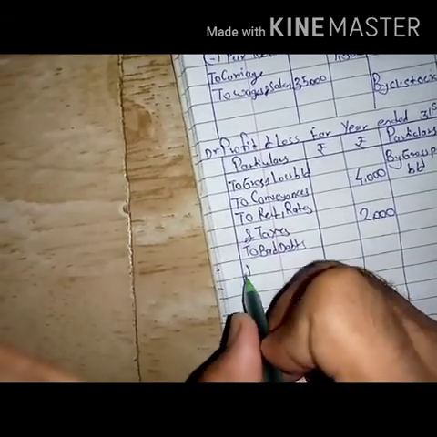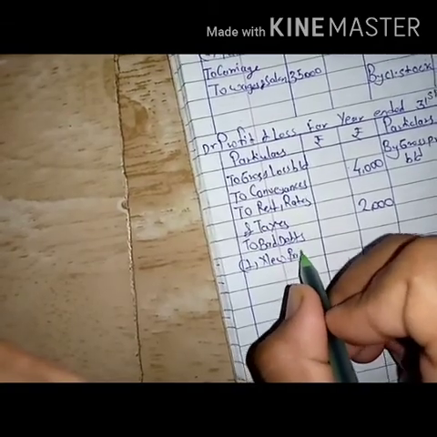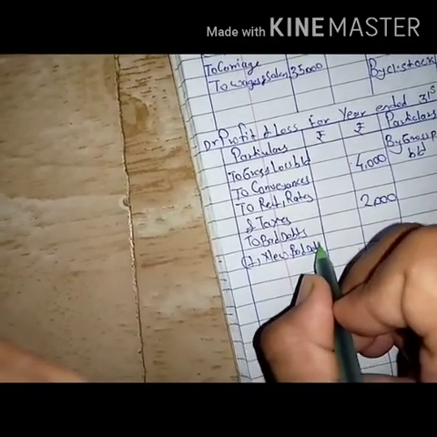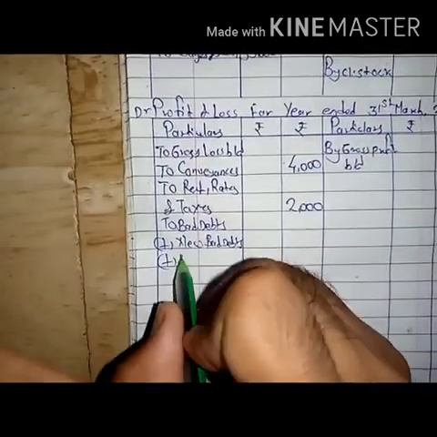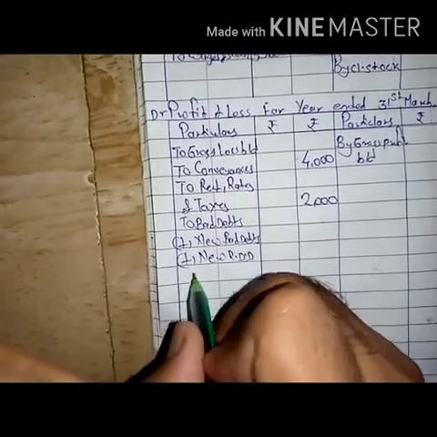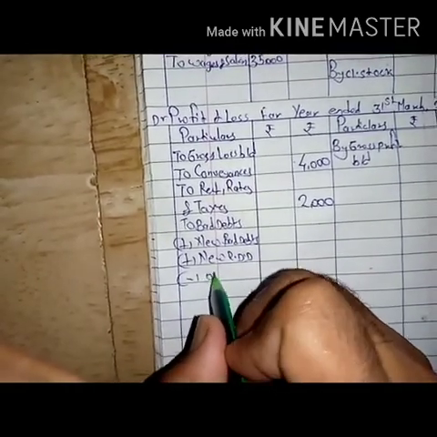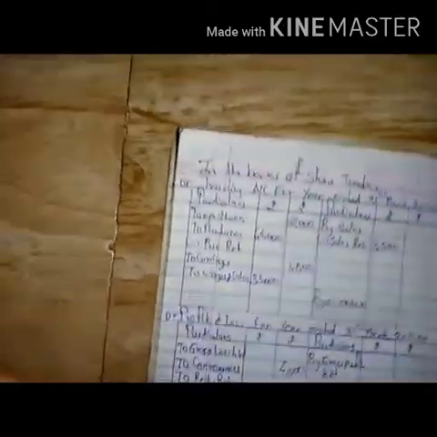To bad debts, add new bad debts, add new RDD and less old RDD.